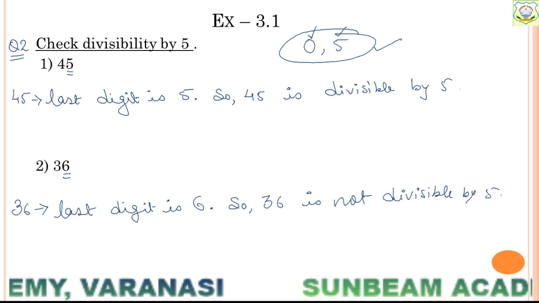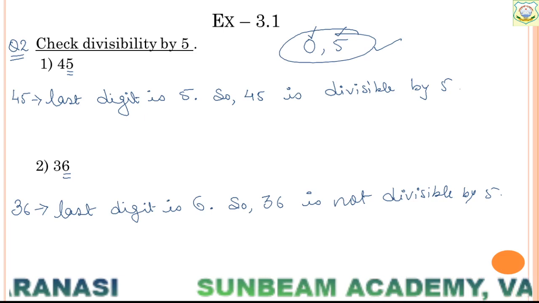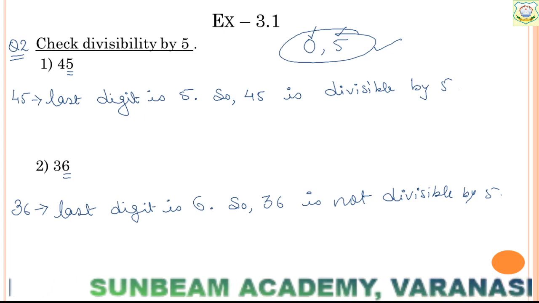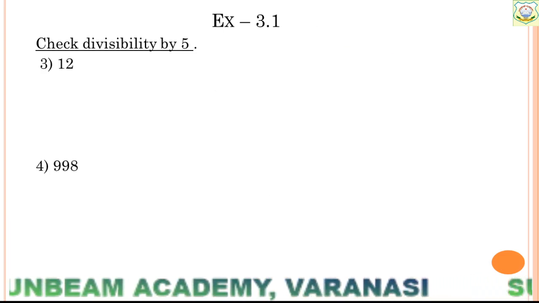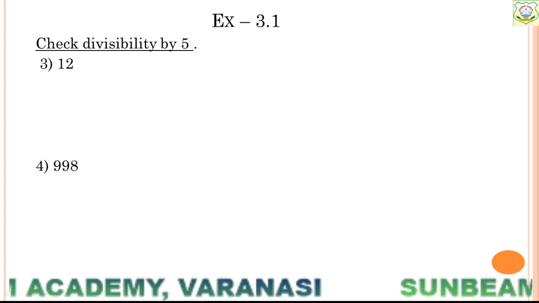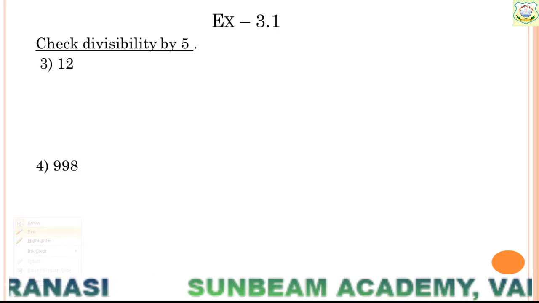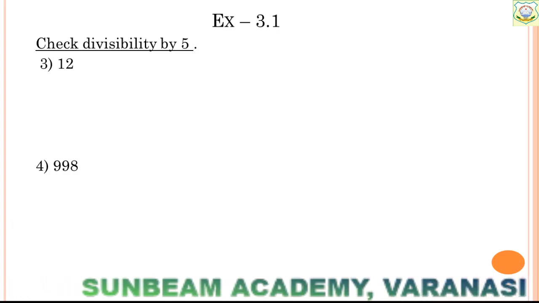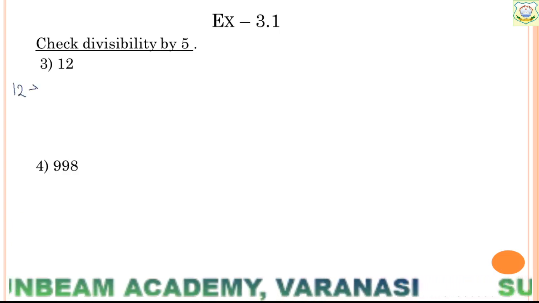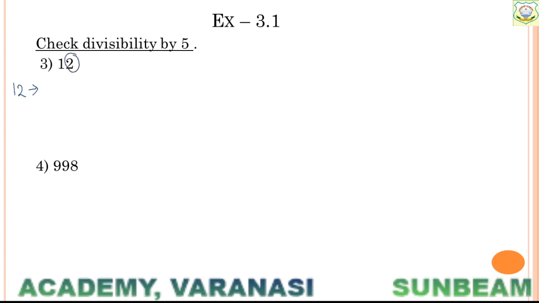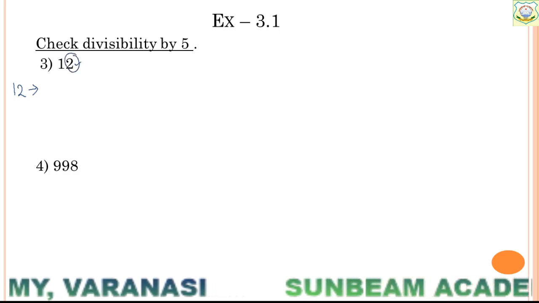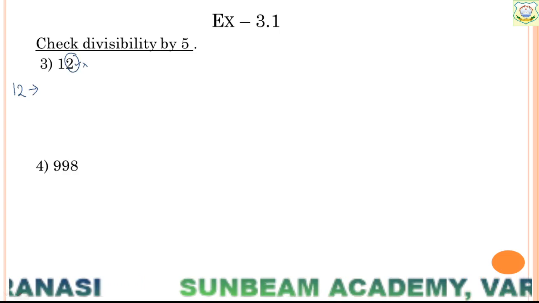Done? Copy down? Okay. Now the third question. Third is 12. The number is 12. So now what we have to do? First we will see the ones place. Ones place is 2. So is it divisible? No, it's not. Right?